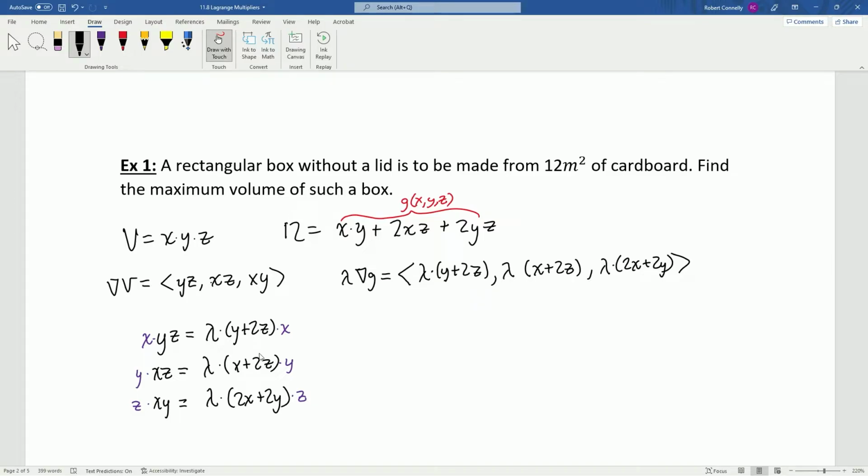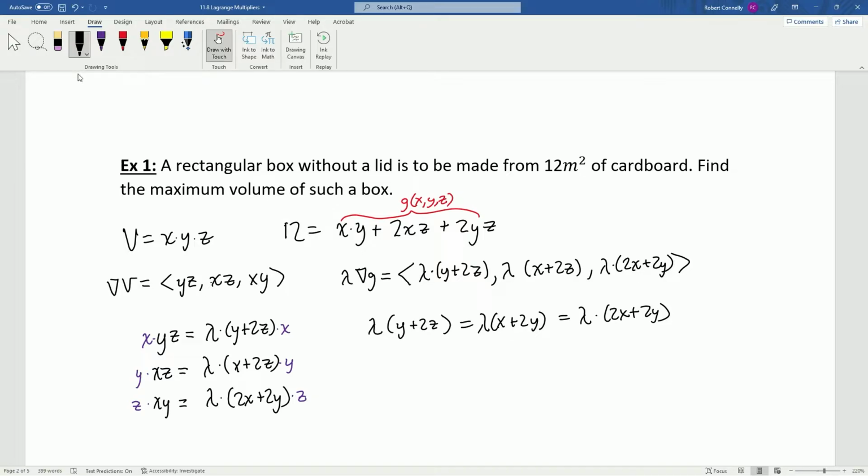So I can just take my right-hand sides and set all of those equal: lambda times (y plus 2z) equals lambda times (x plus 2z) equals lambda times (2x plus 2y). So that means any two pairs of these need to be equal.